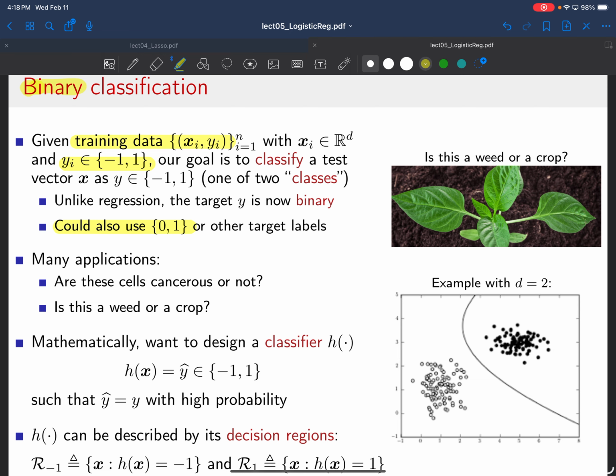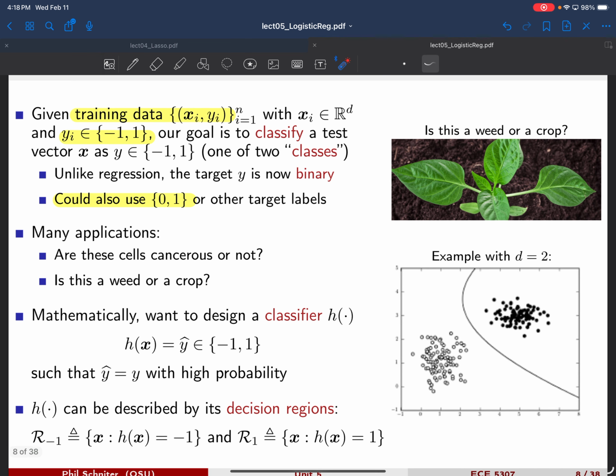Okay, so that's the setup. The applications of this are whenever we want to classify a sample as one of two things, like are the cells cancerous or not, or is this picture showing a weed or a crop. In terms of the math, we want to design a function, h, that takes in the feature vector, in this case a test feature vector x, and outputs a classification guess.